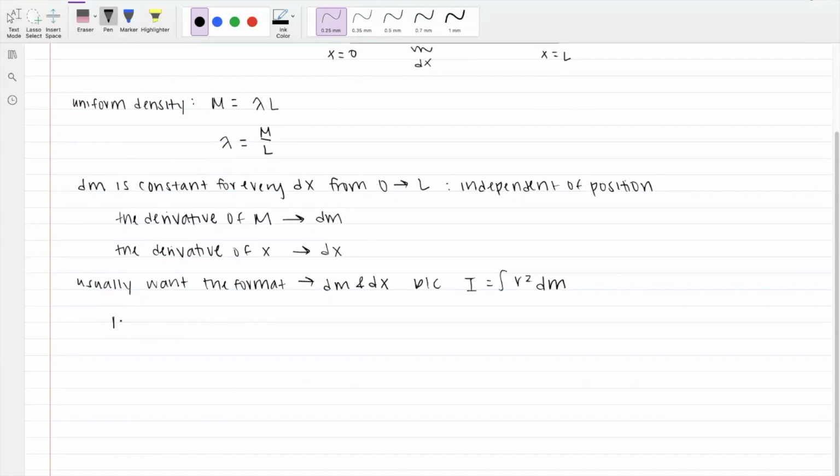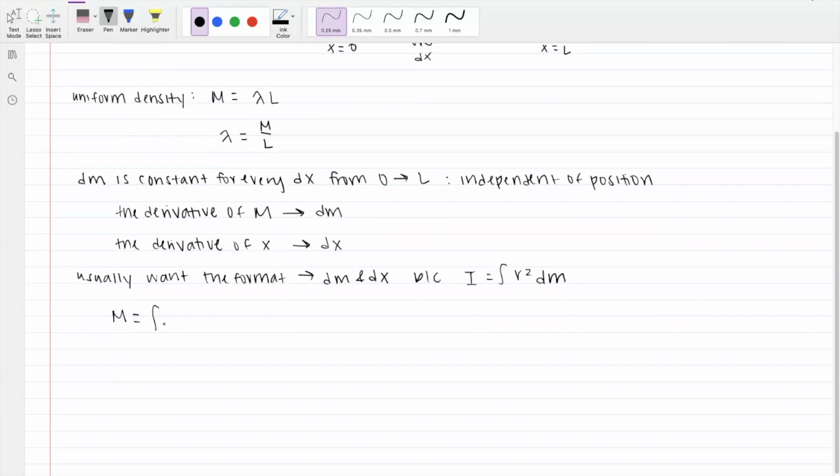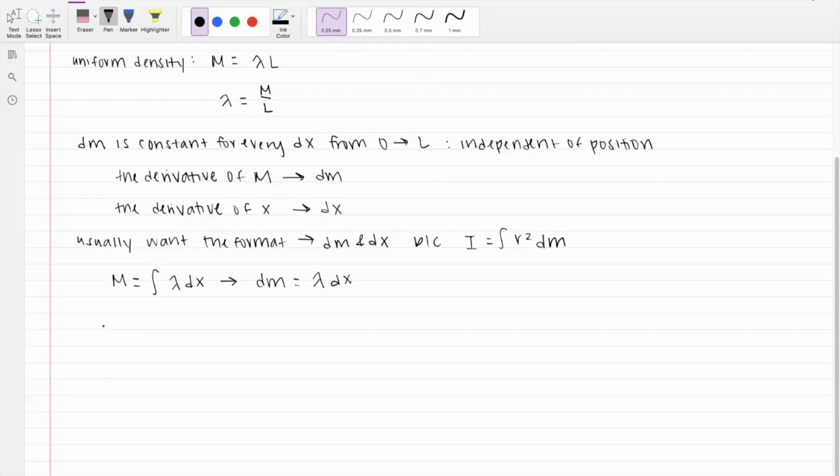So let's look at our original equation. M is equal to the integral of lambda dx. If we take the derivative of both sides, that means we will cancel out this integral, make this mass dm, and we get lambda dx. That being said, we did have this moment of inertia equation where I is equal to the integral of r squared dm.